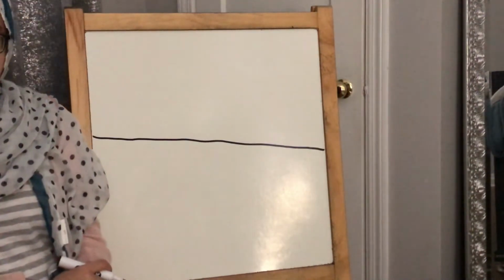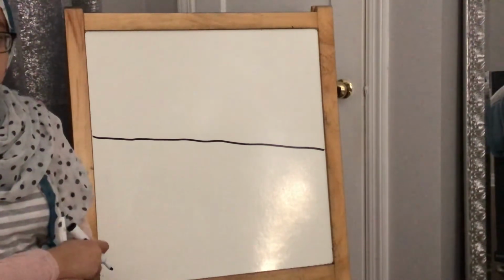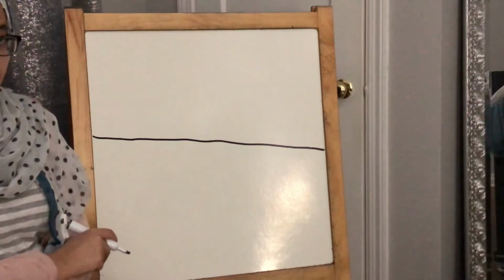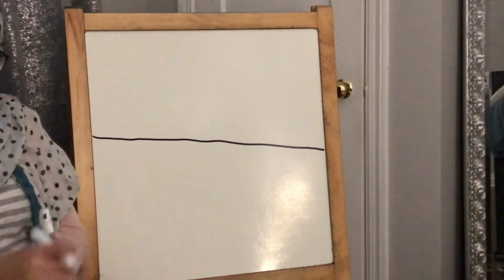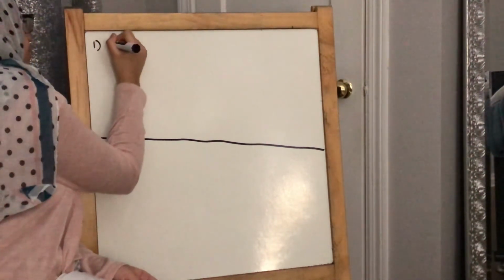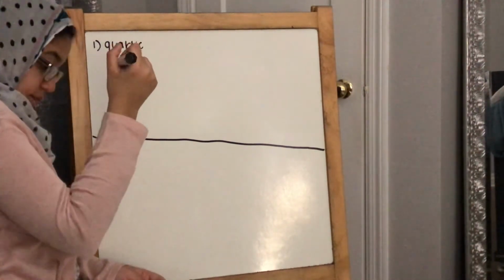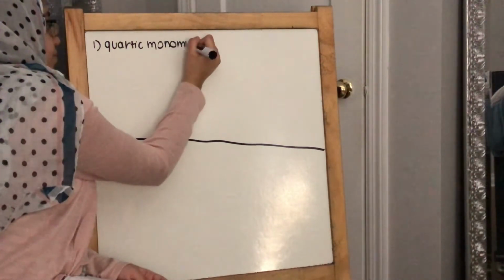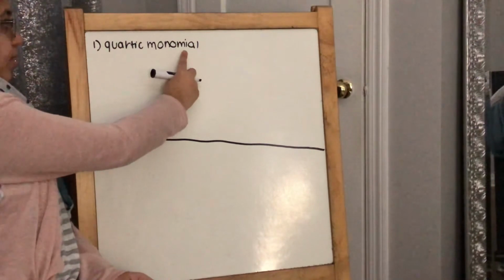We're going to look at examples. The first type of question that you might encounter knowing this material is when they give you a classification of a polynomial and you have to give an example. So for example, if you have given this quartic monomial, so I have to give an example of a polynomial that is a quartic monomial.